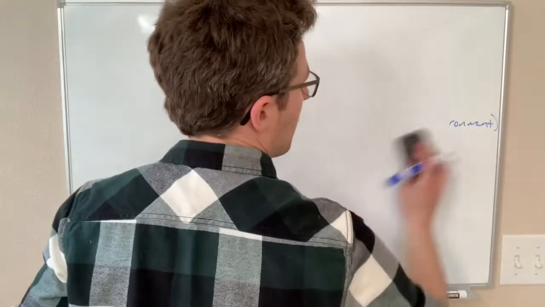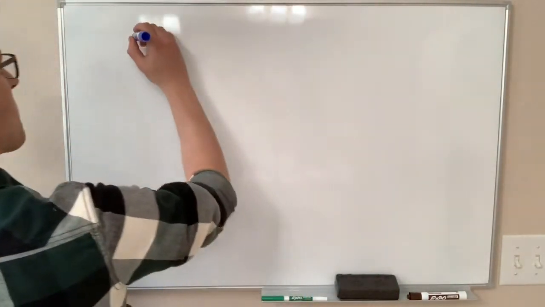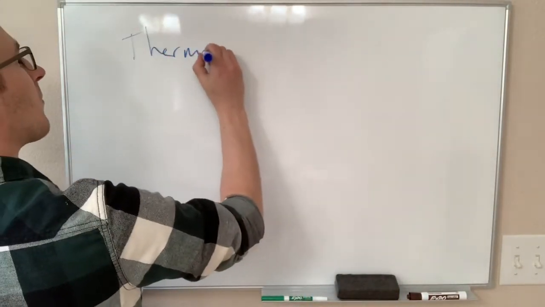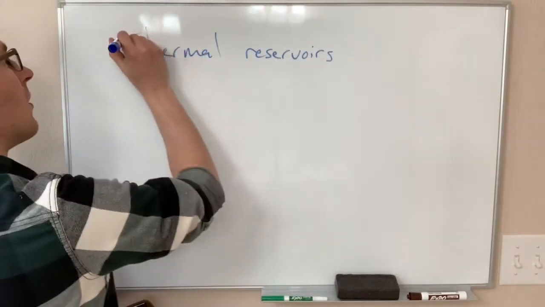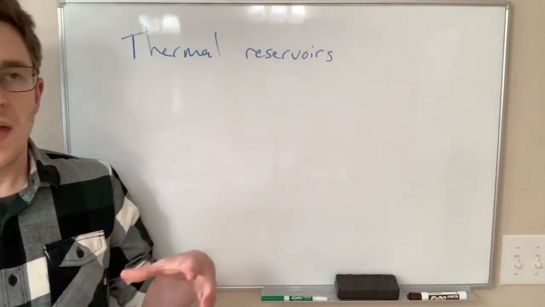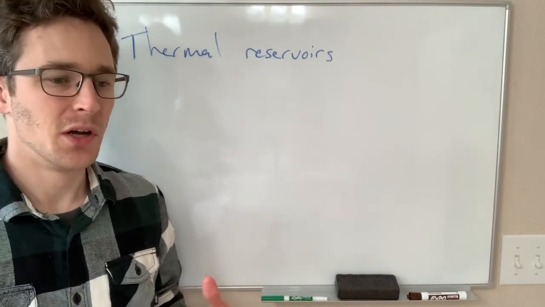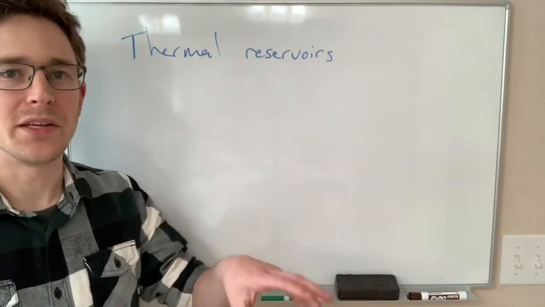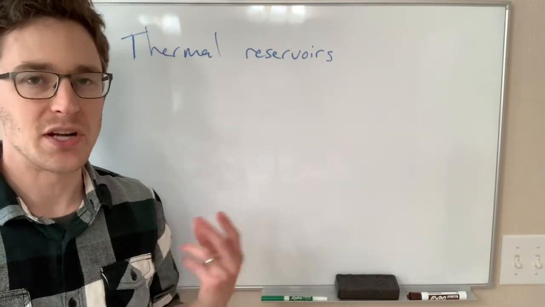The next thing that I want to talk about is thermal reservoirs. So the idea of this is, if we have a large object at a particular temperature, we can add heat to it or remove heat from it without changing the temperature of that object very much.